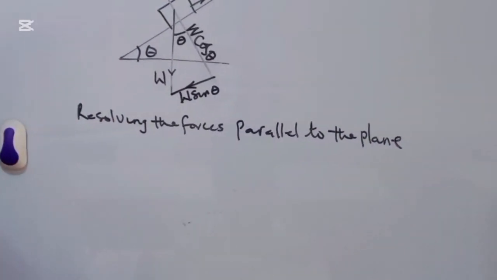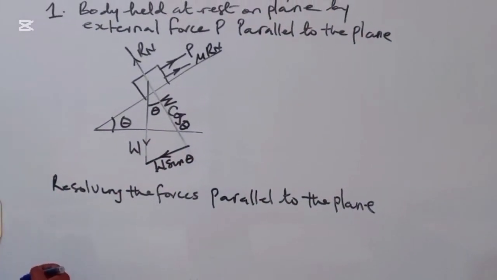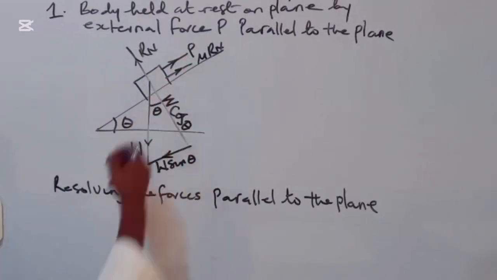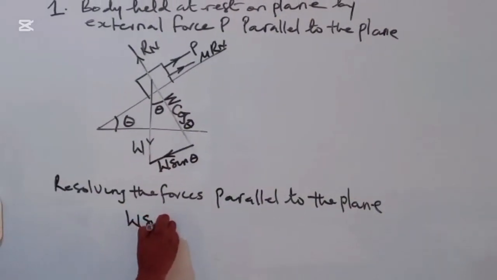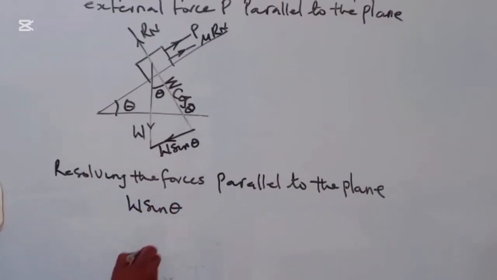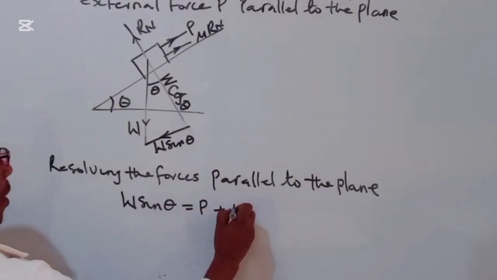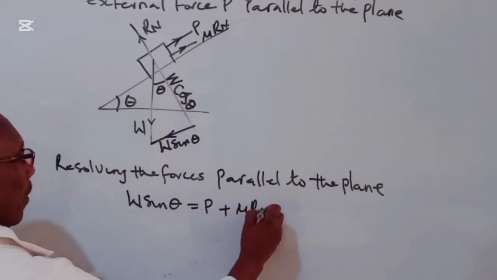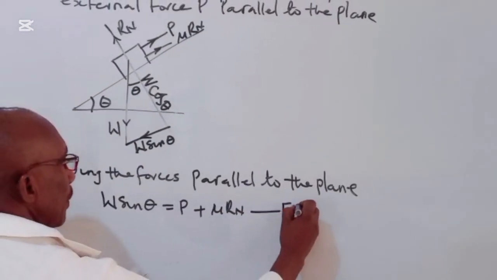What do we have? W sine theta, moving towards the left, is equal to P plus mu Rn. We have W sine theta equals P plus mu Rn. Let's call this equation number 1.